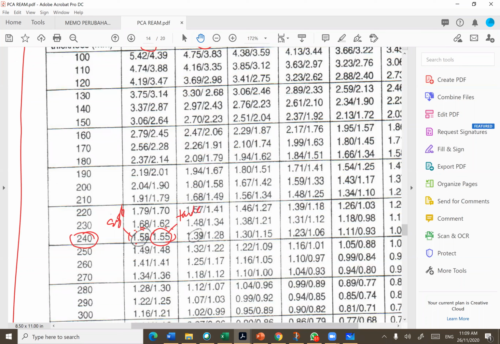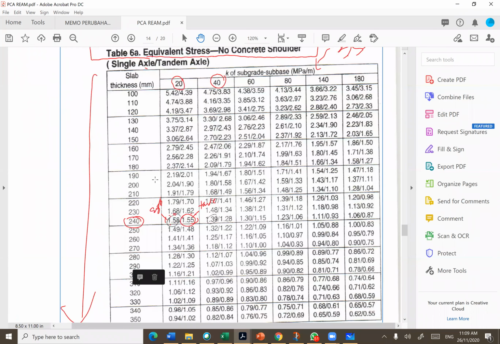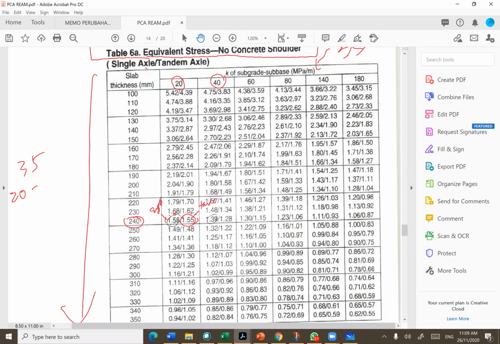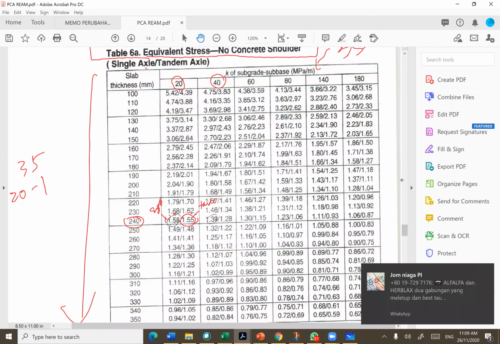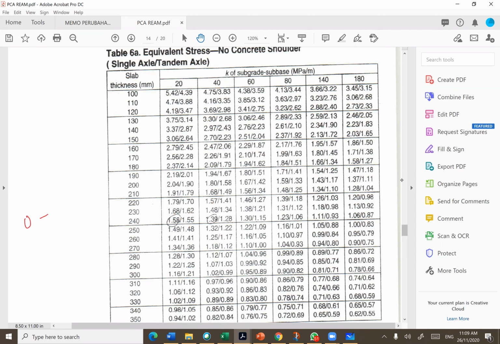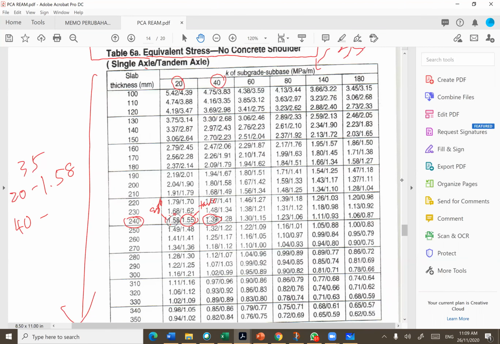Let's look at the single first. We want to know the equivalent stress value for 35. We have 20, which is 1.58. And then the next one is 40, for single we have 1.39.